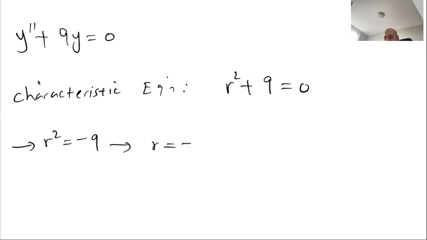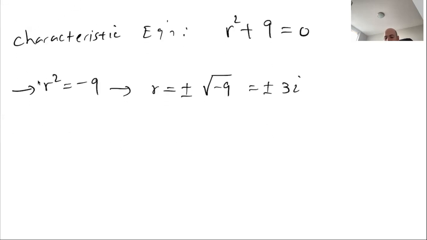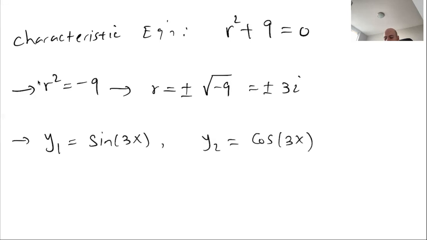This gives me r equals plus minus root of minus 9, which is plus minus 3i. So y1 can be written as sine 3x, and y2 can be written as cos 3x.